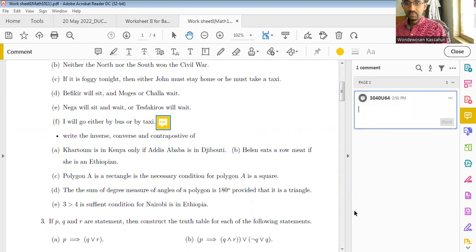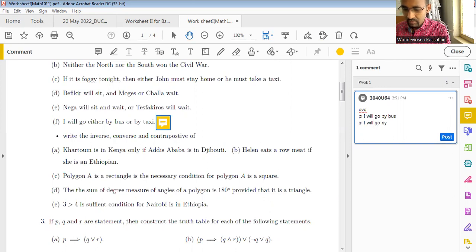So this is P or Q, okay? Where P is, I will go by bus, and Q is, I will go by taxi. Okay.